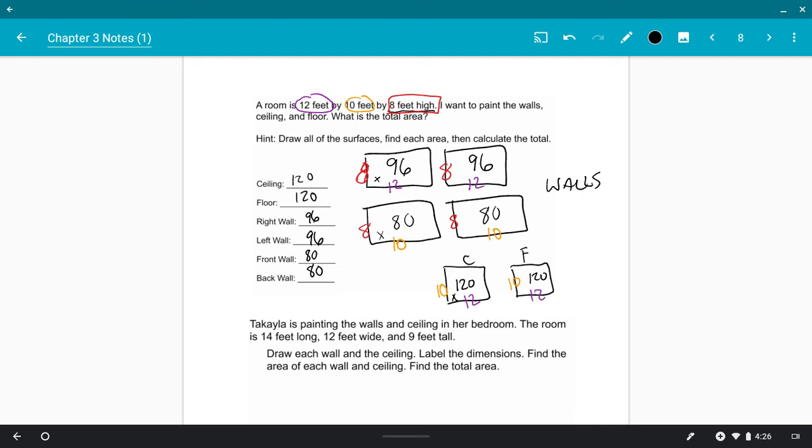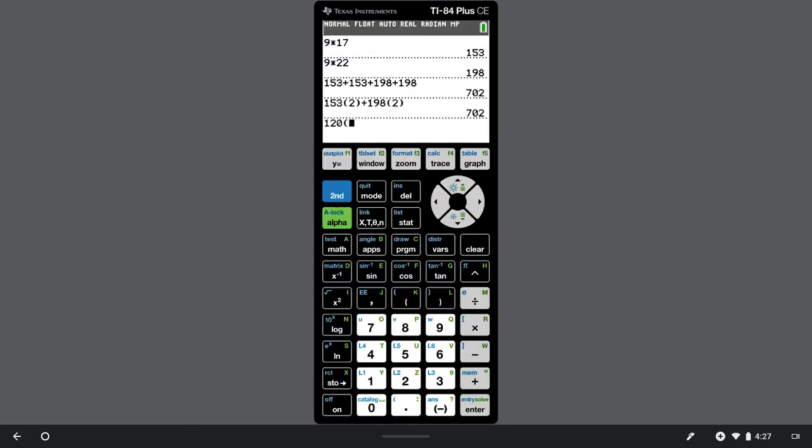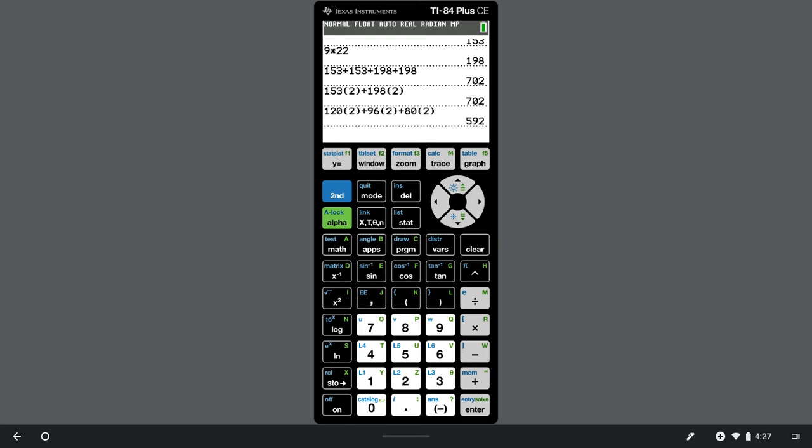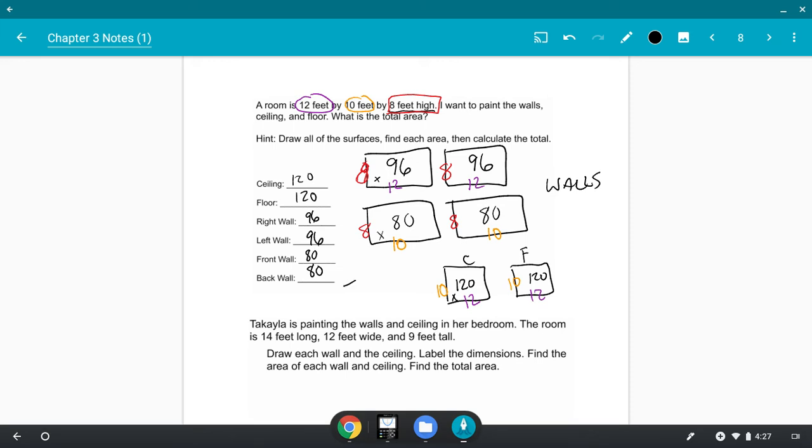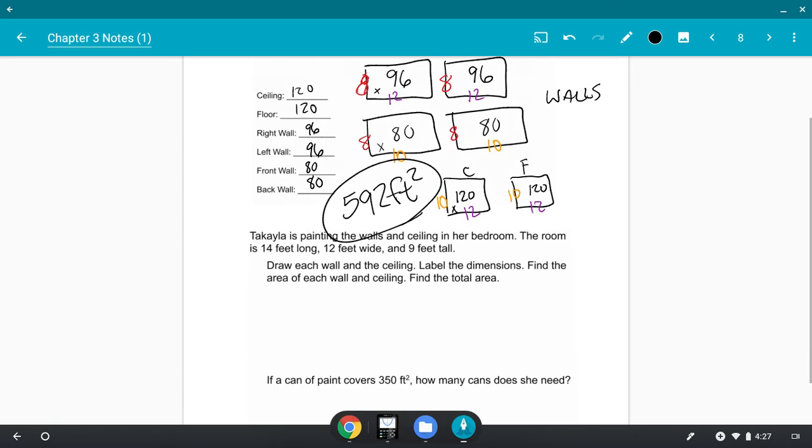And then we have to add them up. So 120 times 2 plus 96 times 2 plus 80 times 2 is 592 square feet. That's the total area of that space.